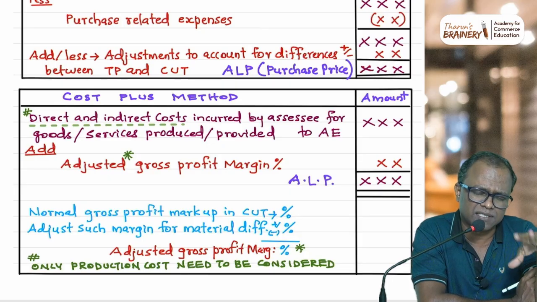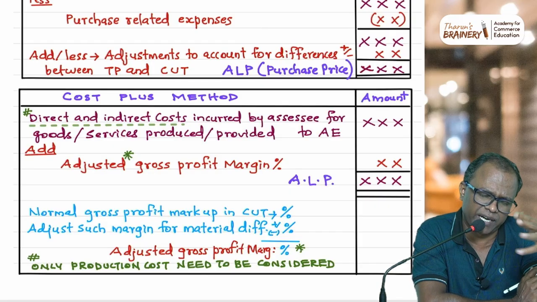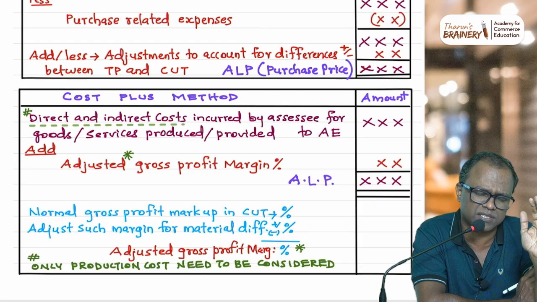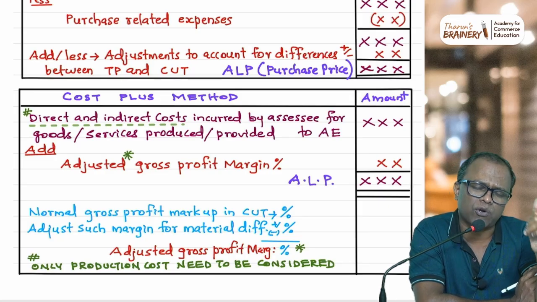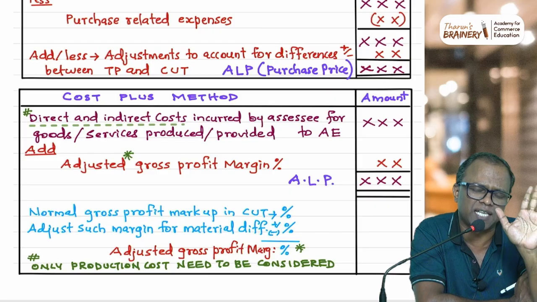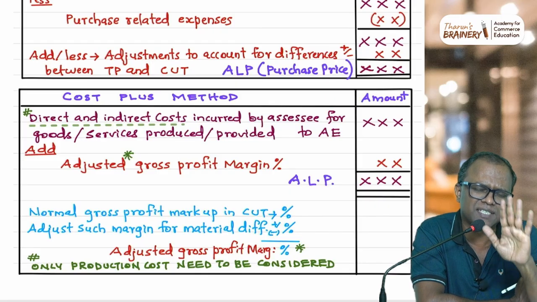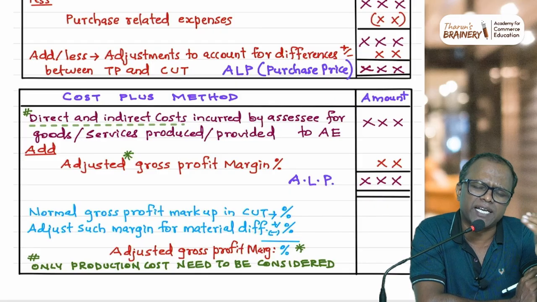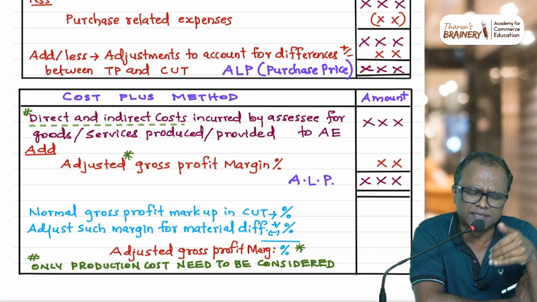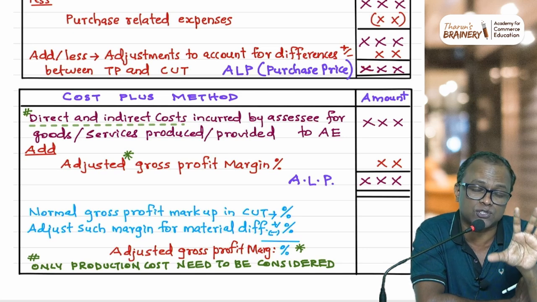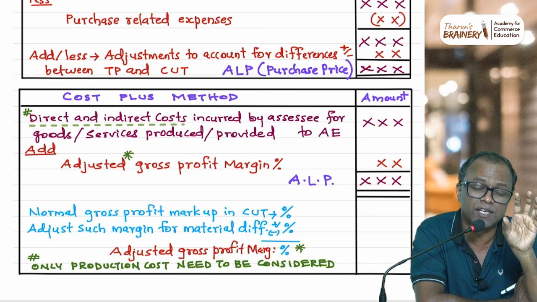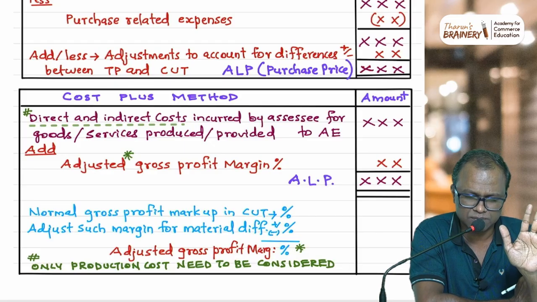For providing that service, the actual cost incurred in India is 10 lakhs. But they are billing at rupees 12 lakhs. So our question is whether this 12 lakhs is at arm's length. So this method says you simply ignore the profit loaded by the Indian entity, and just take the actual cost of providing that service, or the actual cost of production in case of goods, 10 lakhs.